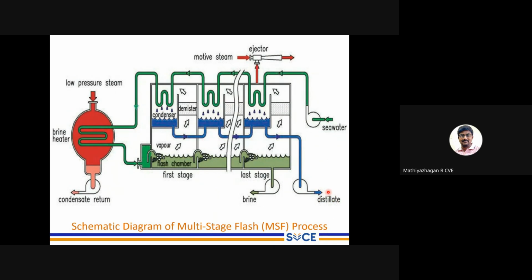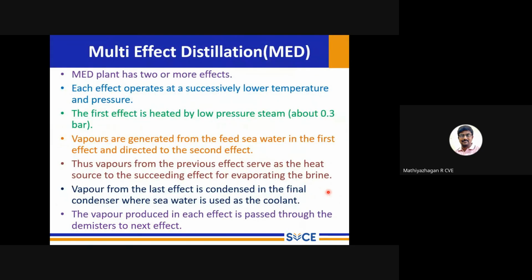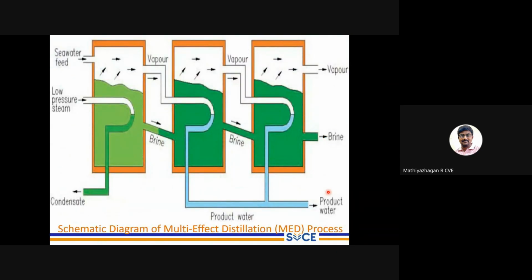In multiple stages, we do this process. Therefore, it is called the multi-stage flash process. In the same way, multi-effect is similar. We have multiple chambers with seawater. We introduce low pressure steam, and the heat from the low pressure steam is transferred to the seawater. Then water vapors are generated from the seawater.